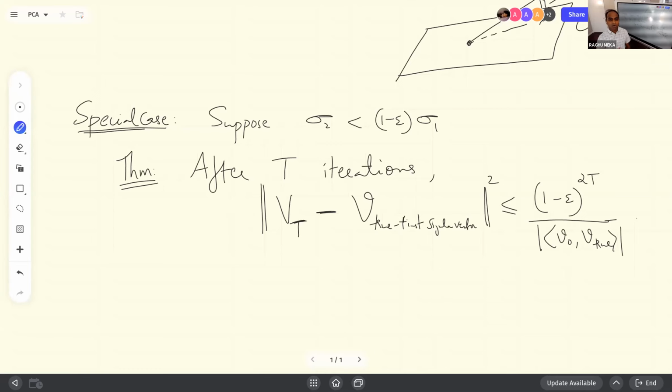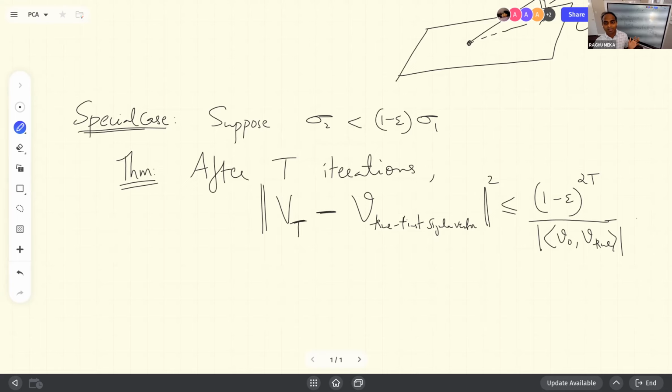If indeed there was a noticeable gap between the first and the second, then you are converging to the true first singular vector, where the number of iterations you need depends on this gap. This shows up a lot in matrix algorithms, especially to do with singular values and eigenvalues, where your convergence bounds depend on the gap between the top singular values, which intuitively makes sense.